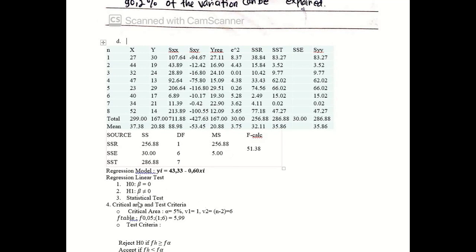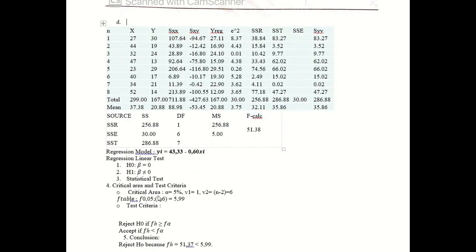And we move to the regression model: y equals 43.33 minus 0.6x, and we do the regression line test. Hypothesis 0 is beta equals 0, and hypothesis 1 is beta not equal to 0. We get the critical area and test criteria.